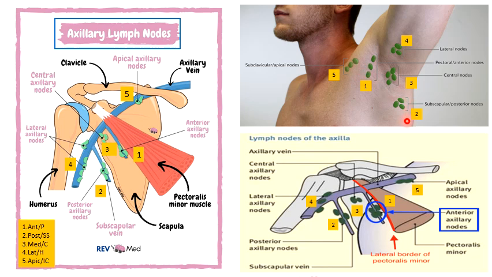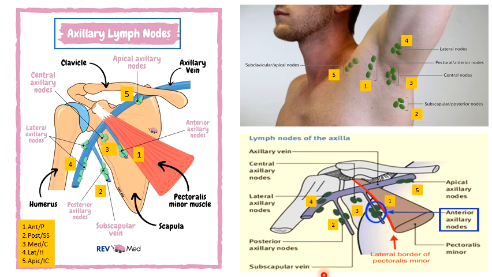Second one is related to your subscapularis muscle, the posterior lymph nodes, where the scapula is. Third one is your central group of lymph nodes, which is present in the medial wall of the axilla, in the chest wall. And the fourth one is your lateral group of lymph nodes related to the medial surface of the upper humerus in the axilla. And finally, the last is your apical lymph nodes below the clavicle, infraclavicular lymph nodes.